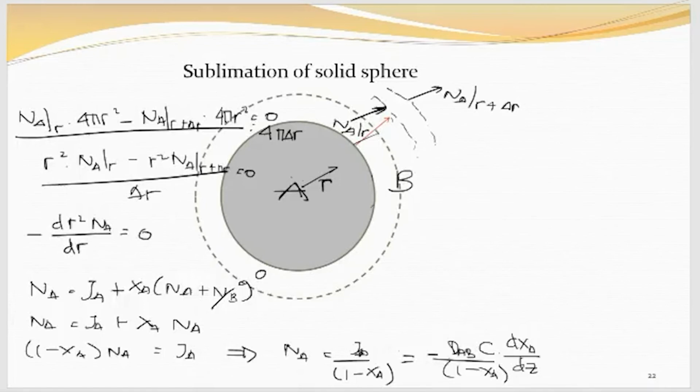Ma'am, for the GAB, is it always over DZ, ma'am? Oh, sorry. It should be over dr. Yeah, dr. Of course, it's not always over dz. It depends whether you use Cartesian, spherical or cylindrical coordinates, and most importantly, it depends on the direction of the movement, the direction of the transport.